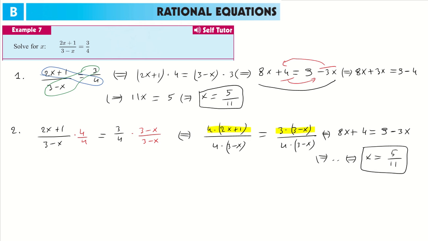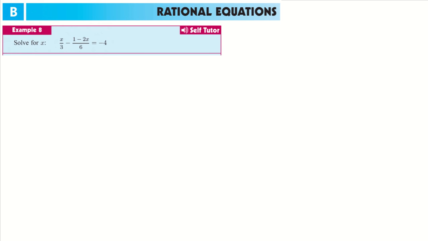Let's go to example 8. In example 8, we can't use the cross product rule here. Why? Because to be able to use the cross product rule, you need one fraction on the left hand side and one fraction on the right hand side, and then you multiply the numerator of the left hand side with the denominator of the right hand side, and the denominator of the left hand side with the numerator of the right hand side.